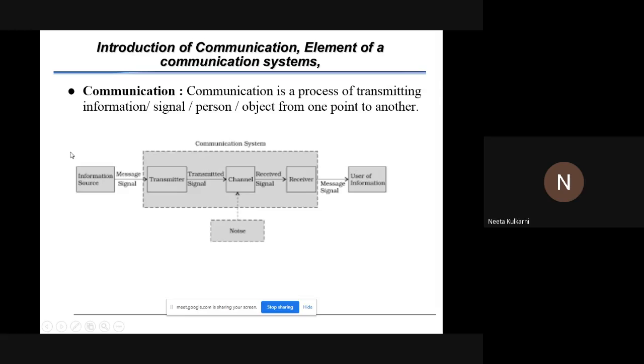So in this diagram, the first block is what? Information source. Now we consider an electrical signal as the information source. There are two types of electrical signals.